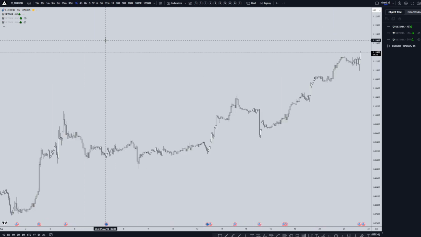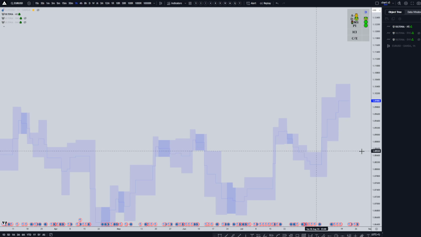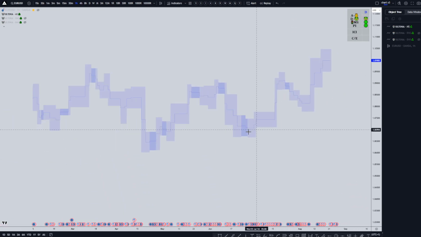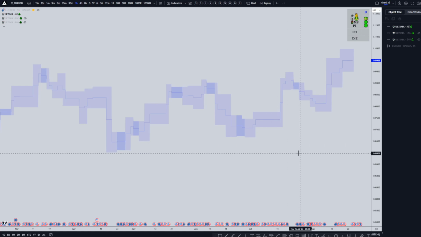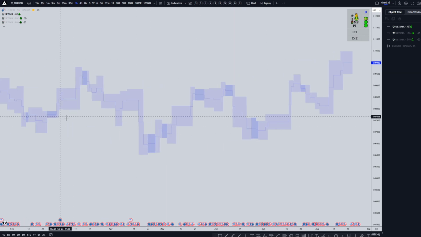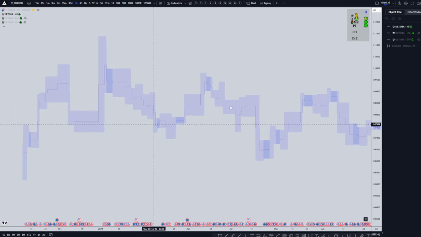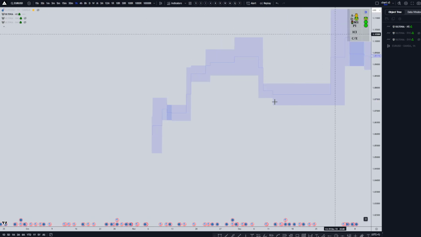Something like this, we have only the market structure cloud, and we disable the price. So what you want to study is what characteristics we have whenever we are reversing or continuing, whatever.